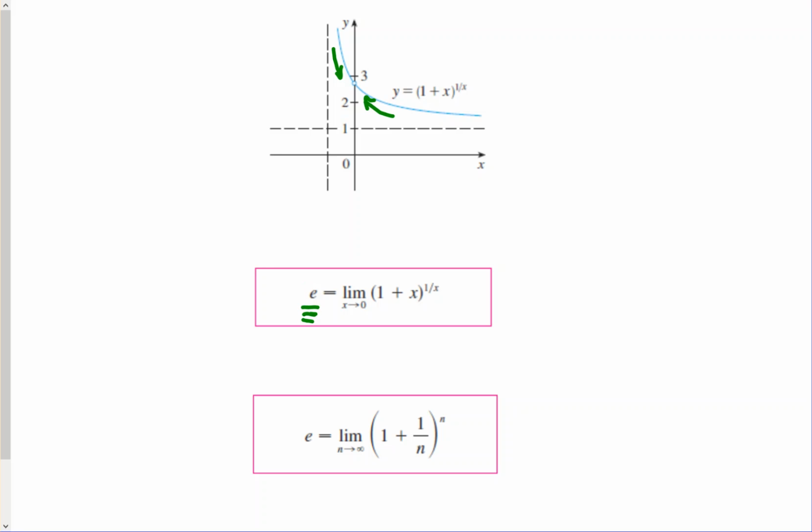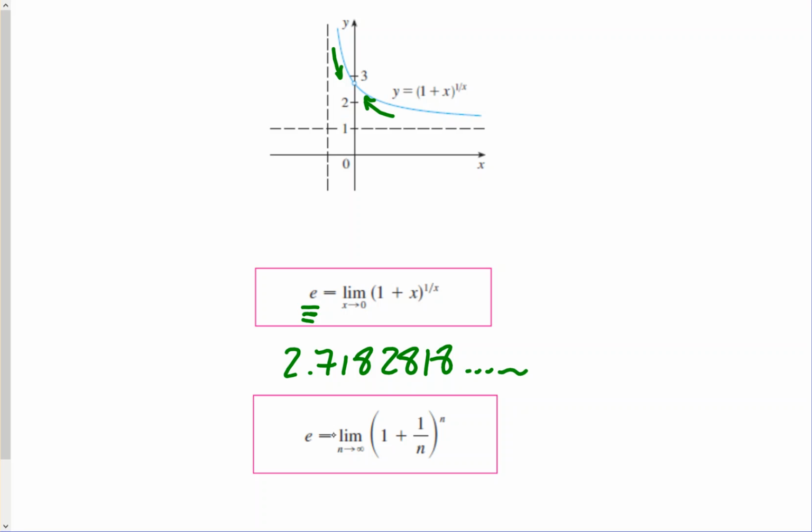Okay, the constant e, 2.71828. And then it continues 2818, and then there's some other numbers after that. It's irrational.